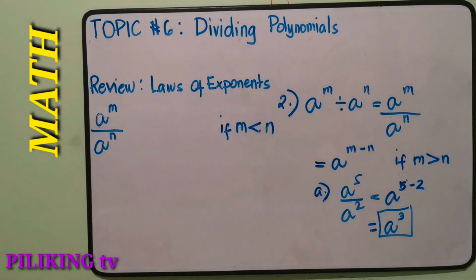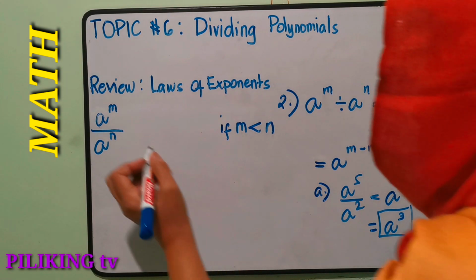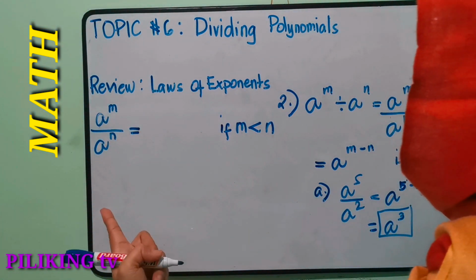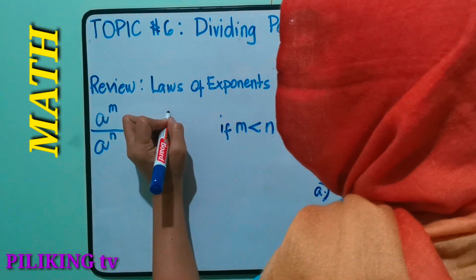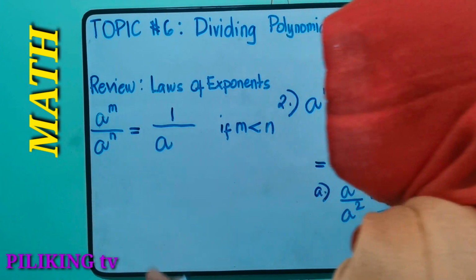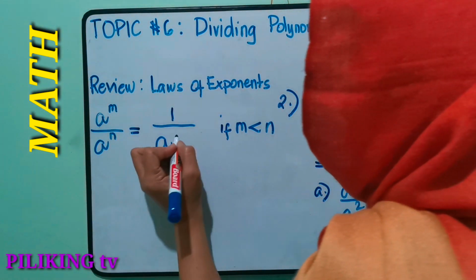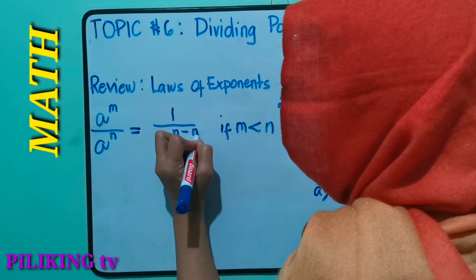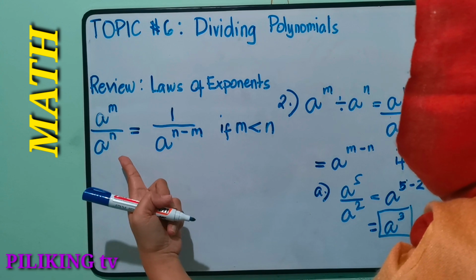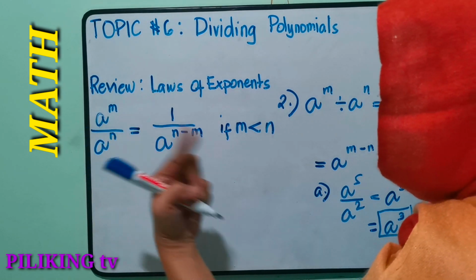How will you subtract their exponents? You're going to get the reciprocal of a raised to m over a raised to n. So that will be equal to 1 over a, then you can now subtract n minus m. So you just interchange n and m since m is less than n.